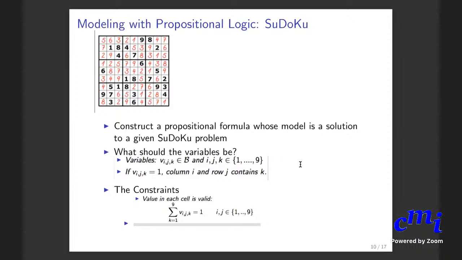And after that, both the syntax and semantics of predicate logic. And then, yes, some more problems that you can do using SMT solvers.